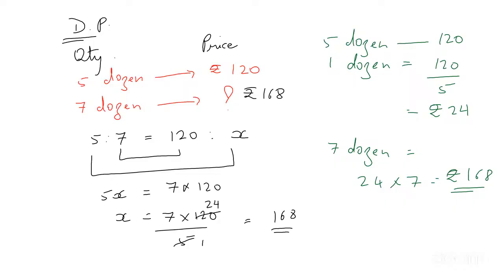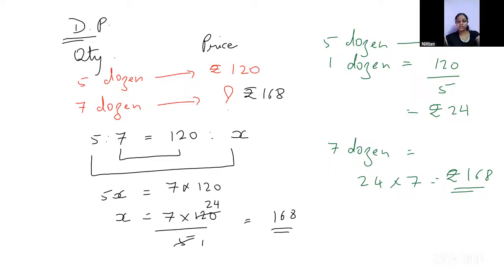Ever feel confusion or doubt in forming the proportion equation? Do it using the unitary method. If you're able to find it easily using this method, then use this method. Ma'am, I find this easy too, because it's about arranging it, right?